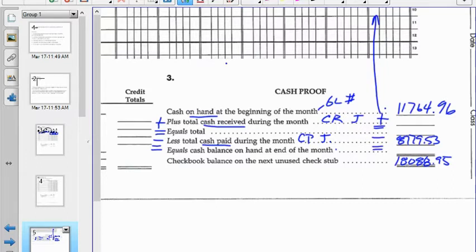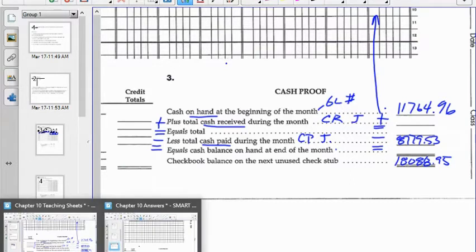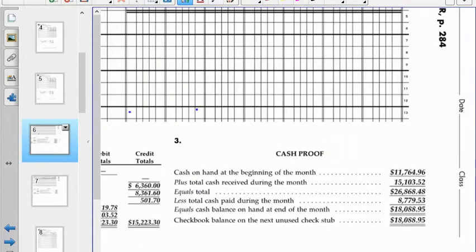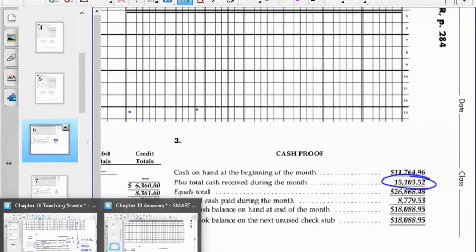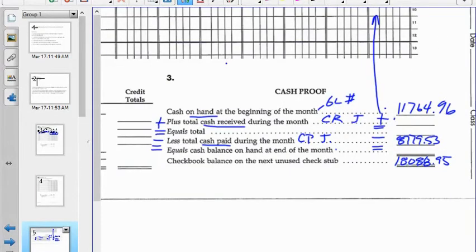Okay? If I go look on my answer key real quick, I spent $15,103.52. That is my cash debit at the top of this page on Chapter 10, Section 2, work together.